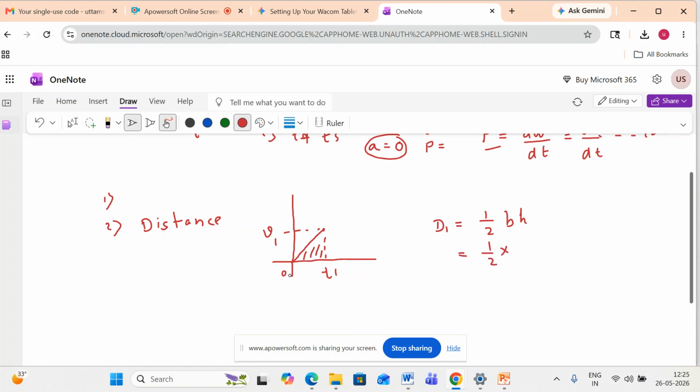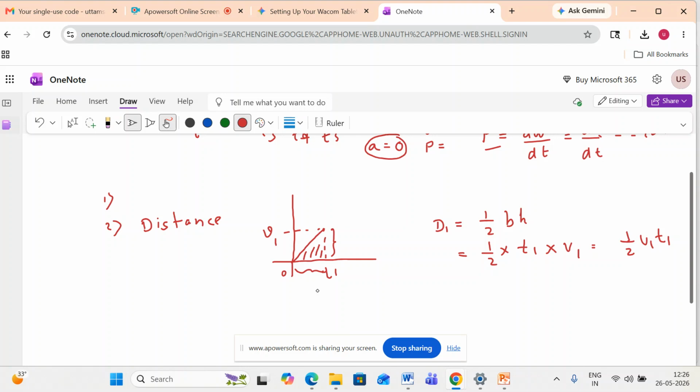The base is T1, and the height is V1. So it will give you half V1 into T1. This gives the distance covered by the train during the phase 0 to T1.